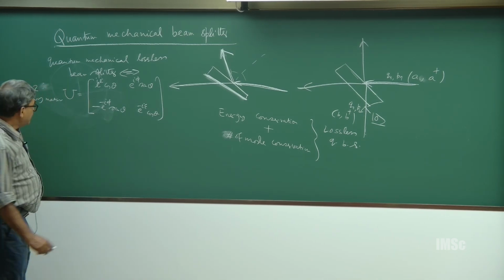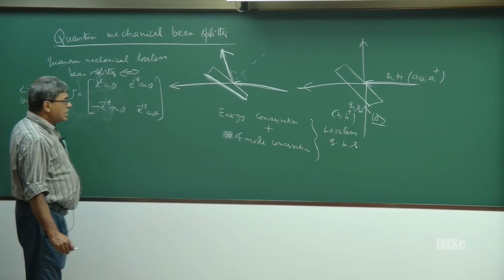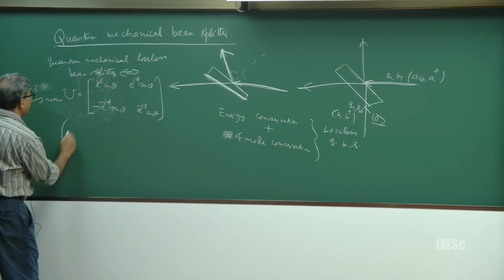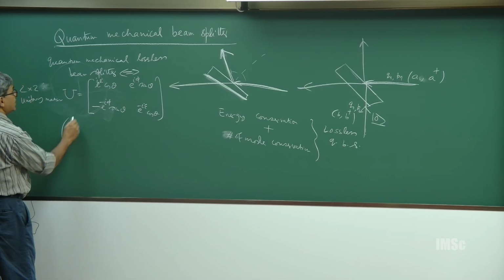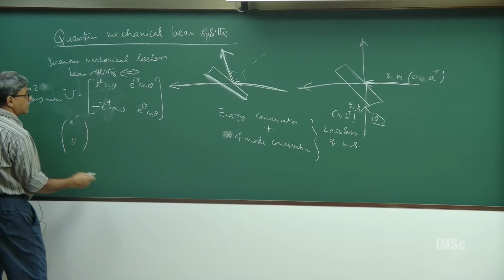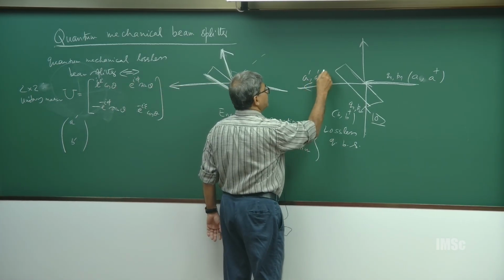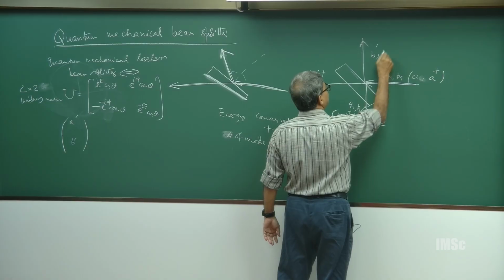So this is the unitary transformation. If I look at the outputs, let us say this is A prime and B prime. So you can call this A prime dagger, this B prime dagger.